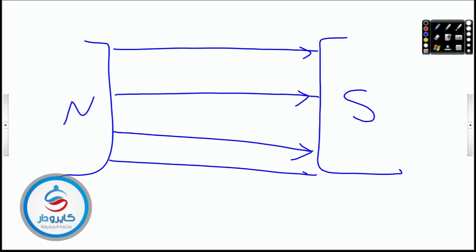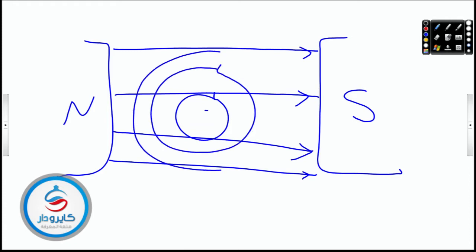Okay. وادي السكند field which is produced from the straight wire. We find that above the wire, this point represents the position of the wire. Above the wire, the two fields are in opposite directions.